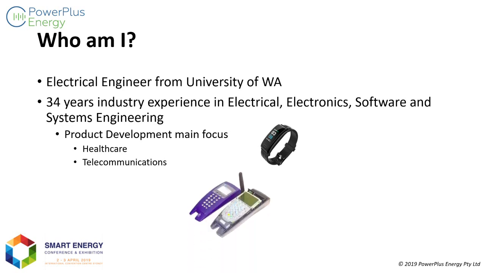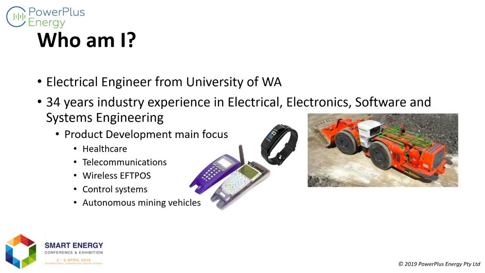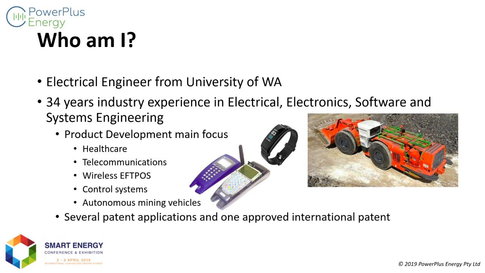The company that I worked for in the year 2000 was the first to introduce mobile EFTPOS systems, which are very common nowadays. I've also worked on control systems and autonomous mining vehicles. I have had several patent applications and I've got one granted. In 2015 I was given the title of Digital Disruptor from the Australian Computer Society. So hopefully I'll have some interesting information to share with you.